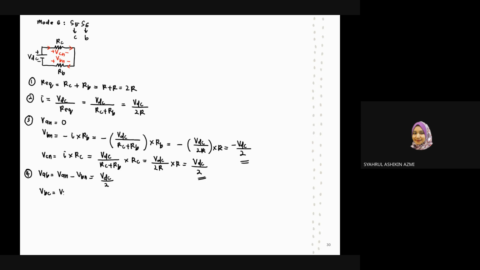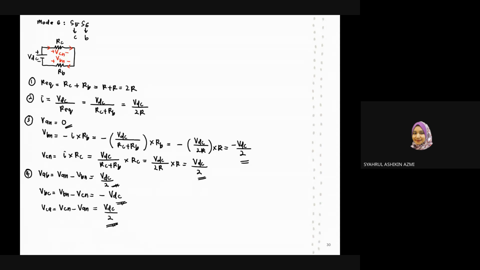VBC is negative VDC over 2 minus VDC over 2, so you get negative VDC. VCA we get VDC over 2. So these are the levels for your phase voltage and your line to line voltage.